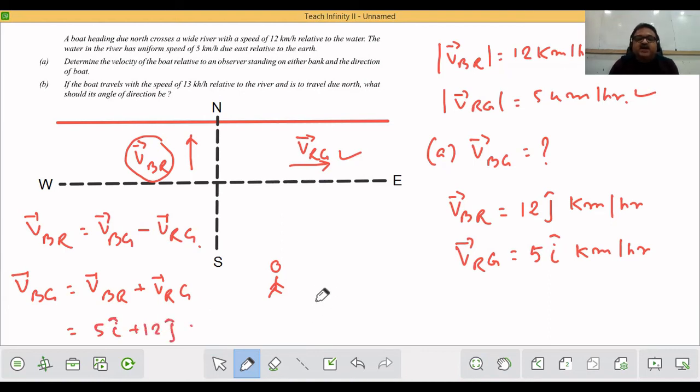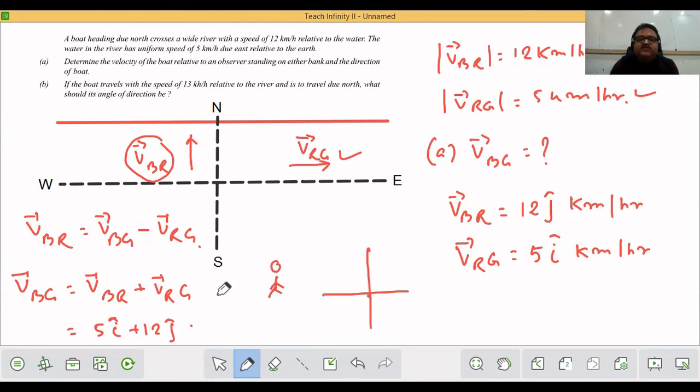Clear? So determine the velocity of the boat relative to an observer standing on either bank and the direction of the boat. Correct. Look at this. I am drawing this. Watch it carefully. First of all, this is the observer.